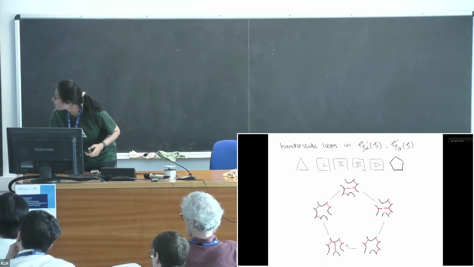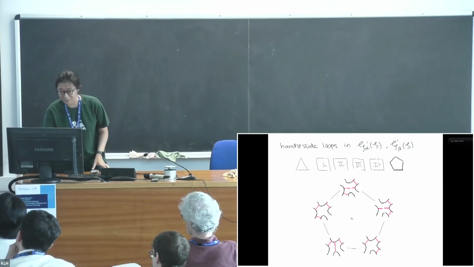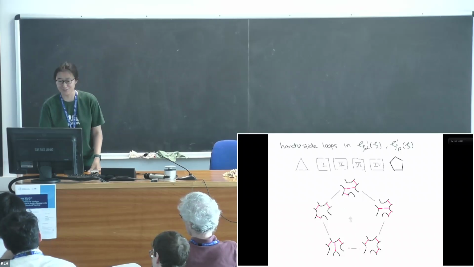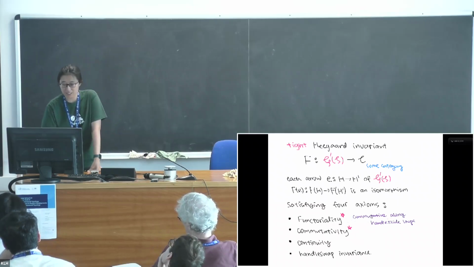Anyway, there is a pentagon that we want to be commutative. That's a loop. Okay, now we replace the functoriality for G prime alpha and G prime beta to require them to be commutative along these handle slide loops.